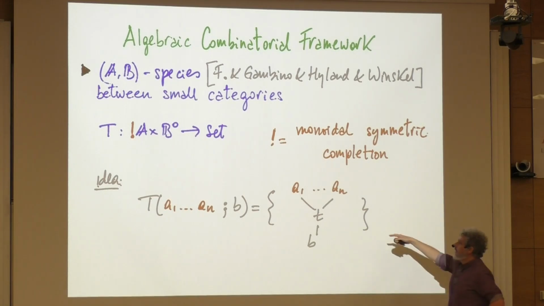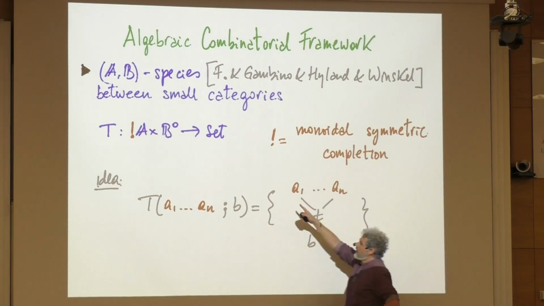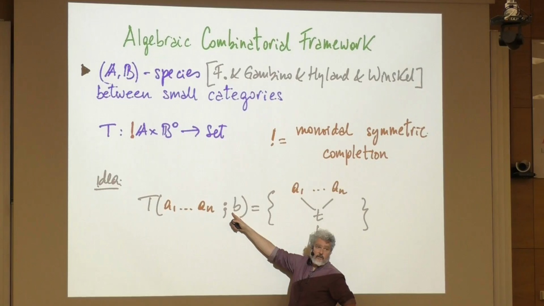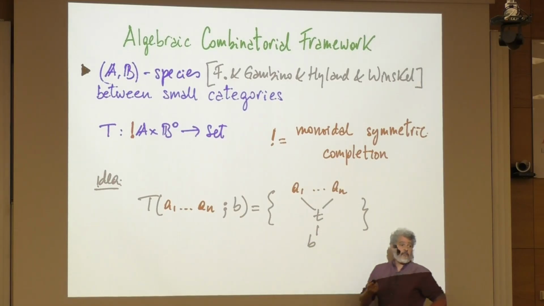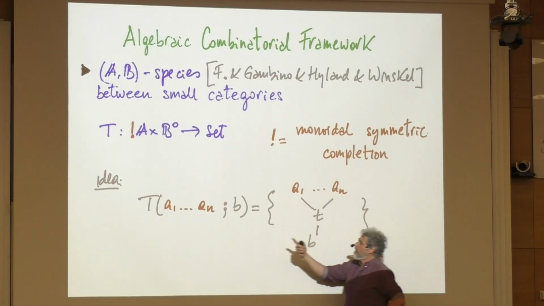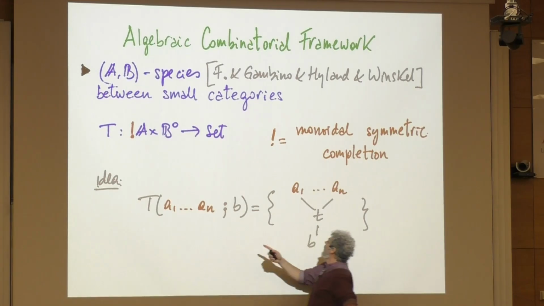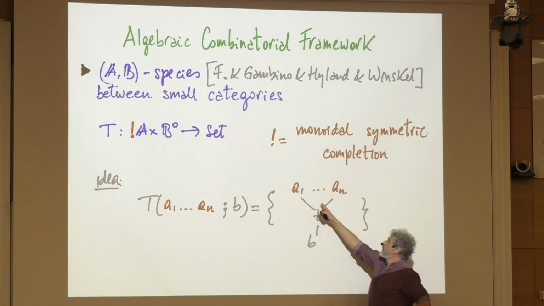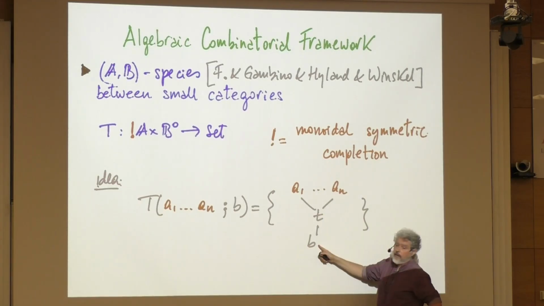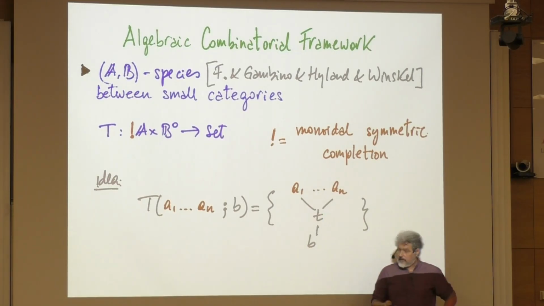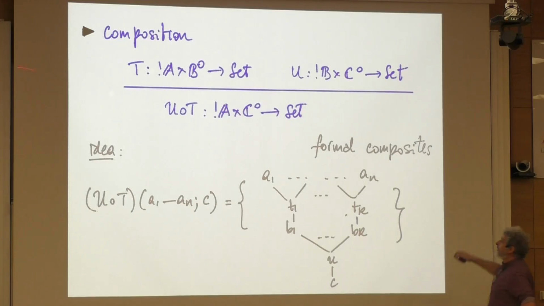You think of the elements in such a profunctor, such as in a species, as operations. So an element in the profunctor T from A1, ..., AN to B is an operation sorted by A1, ..., AN of type B. Okay? And as such, you can compose them.